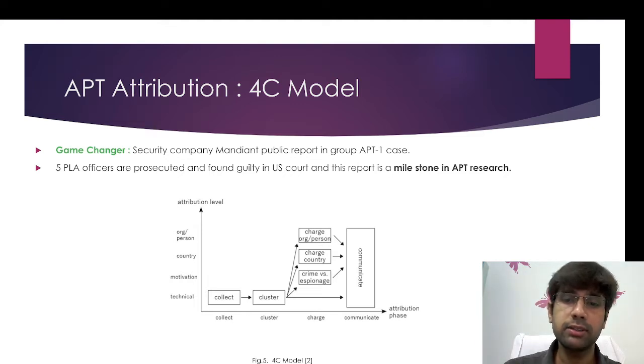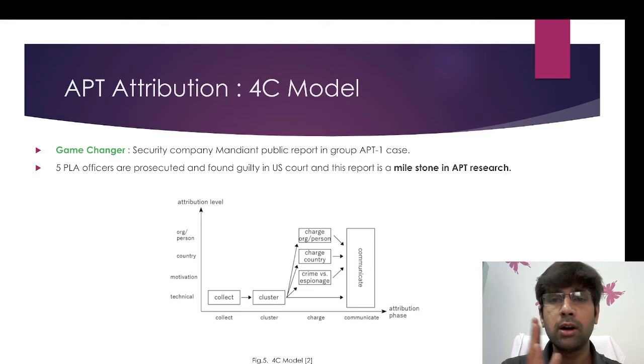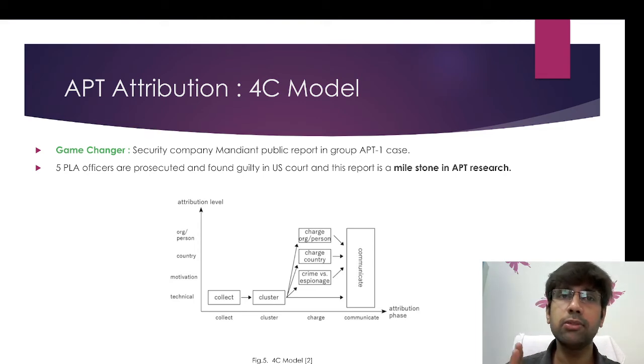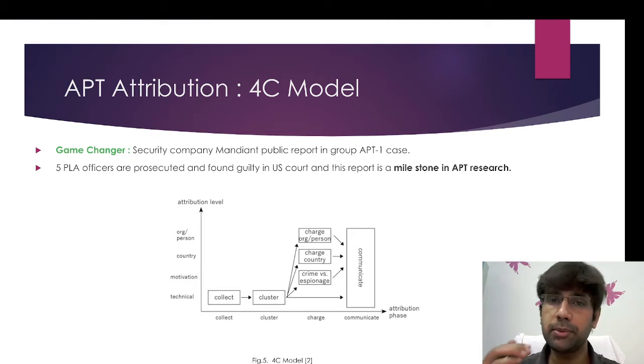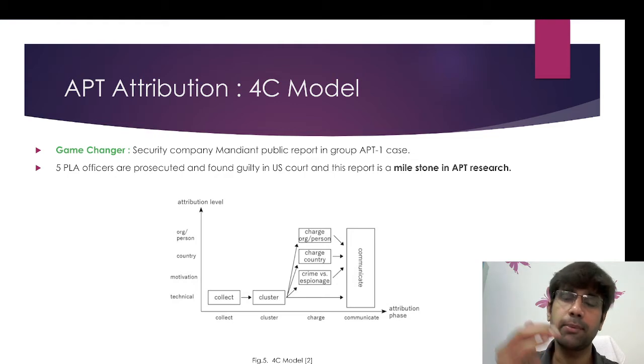Based on all these charges, they propose a hypothesis in the communicate phase and give confidence scores to the hypotheses. Some of them they accept and some they reject, based on the evidence. So this is how the 4C model looks.